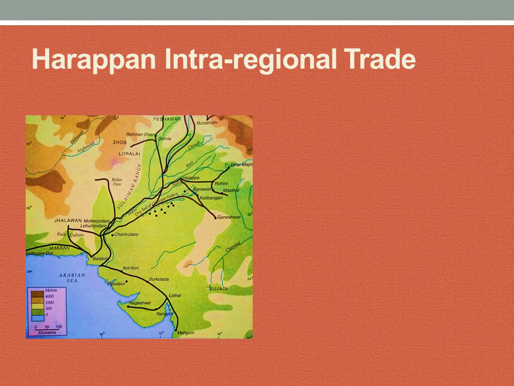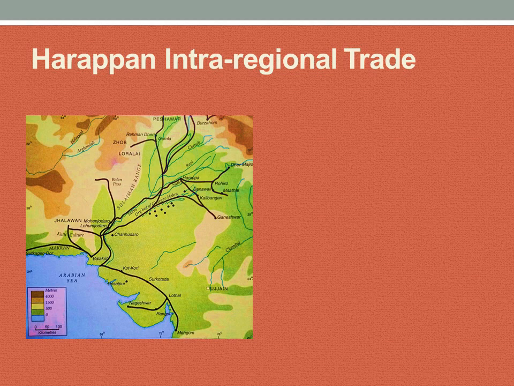Harappan intra-regional trade. So intra-regional trade means what were the trading infrastructures within the sites of Indus Valley Civilization. Now we know that Indus Valley Civilization sites did not spread over a small area.